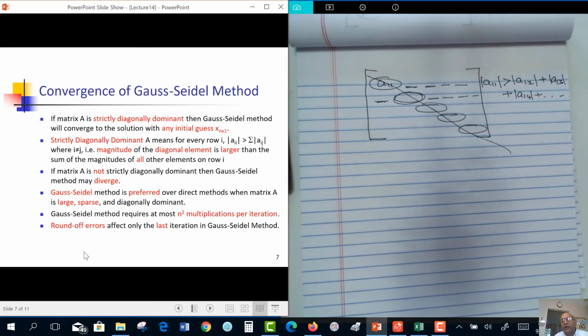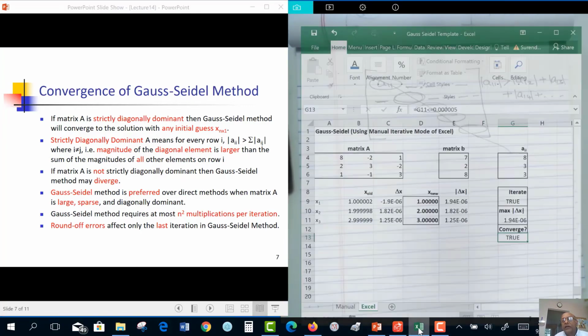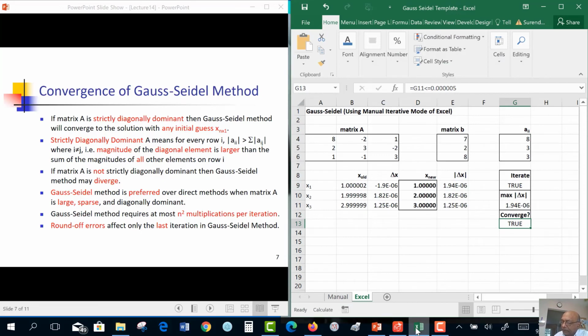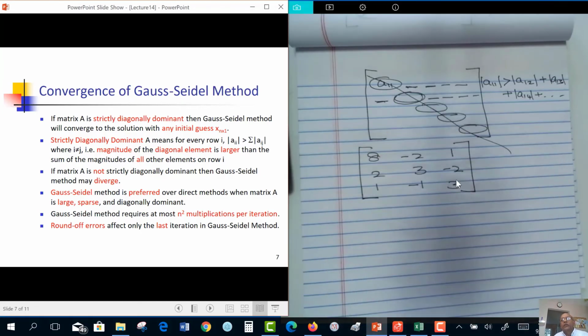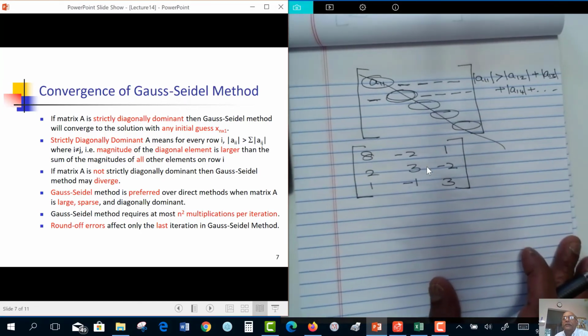So let's look at our matrix that we just worked with. 8, -2, 1, 2, 3, -2, 1, -1, 3. So I'm writing it here, okay?